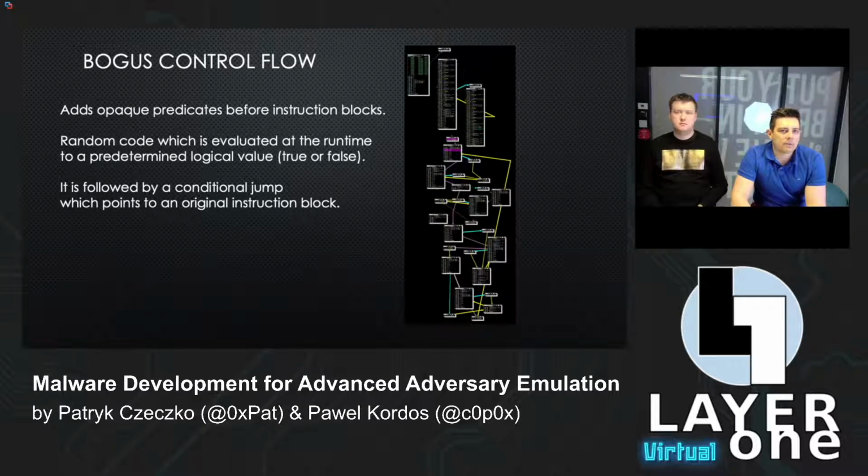The second thing is bogus control flow, and this works differently. This places some opaque predicates before a given function block. An opaque predicate is some piece of code that is evaluated during runtime, but to a predetermined value of true or false.